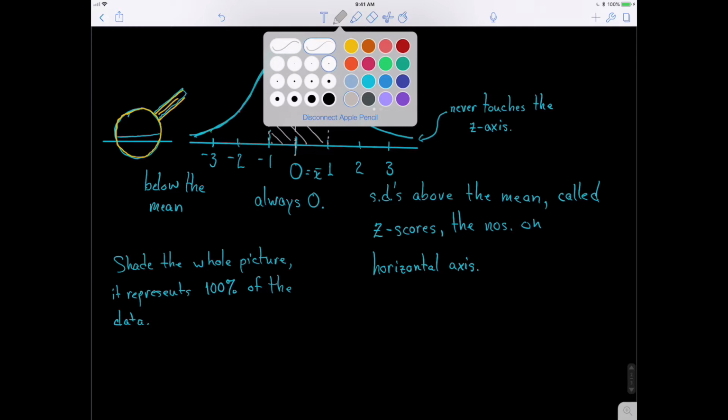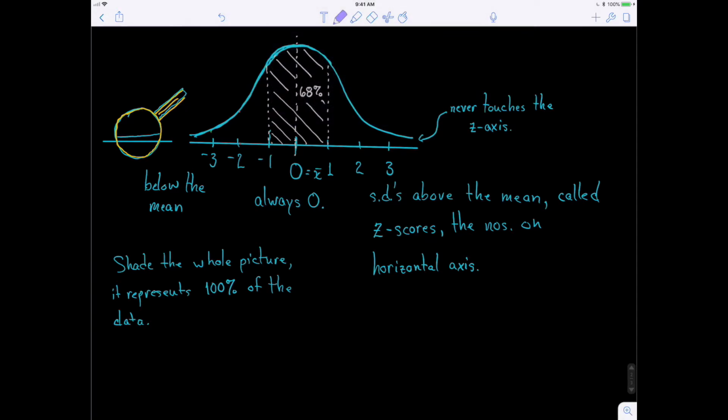Now, this pattern even continues. Suppose I went to 2 standard deviations. I went 2 below and I go 2 above, and then I do the same thing. I start shading. Well, now, when I am done shading between -2 and 2, I will have shaded exactly 95% of the data.